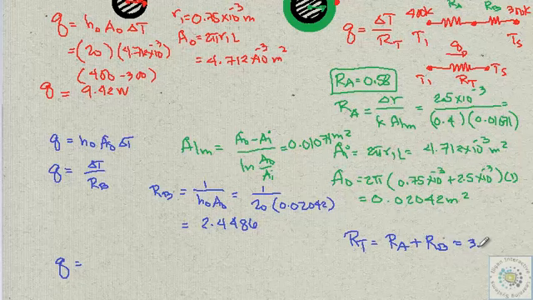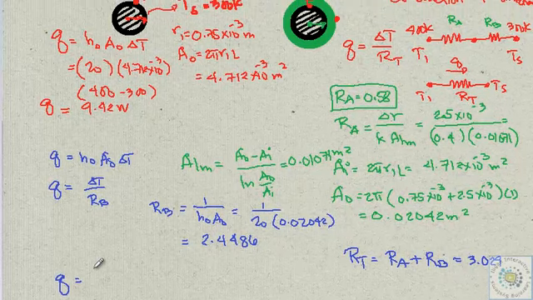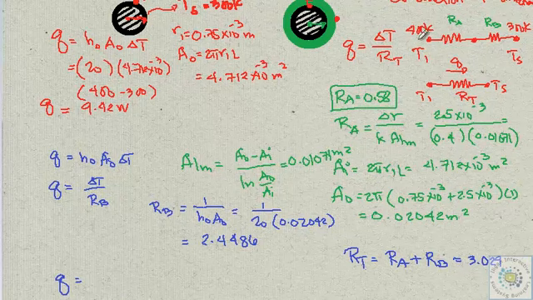We are getting 3.029. That's our R. Then to calculate Q, the heat that will be lost if there is insulation, delta T is still 400 minus 300, that's 100 Kelvin, over 3.029. That will give us a value close to 33 watts.